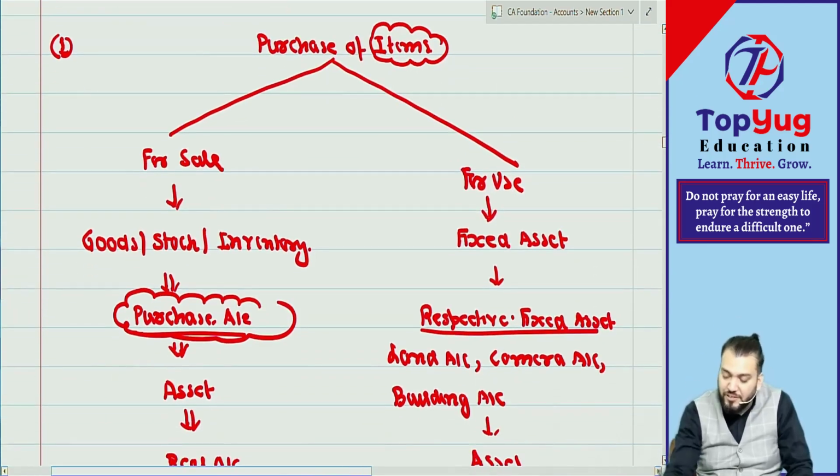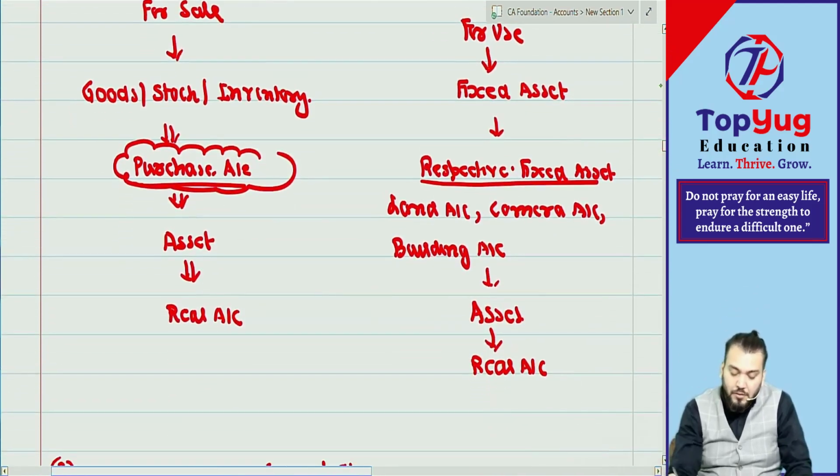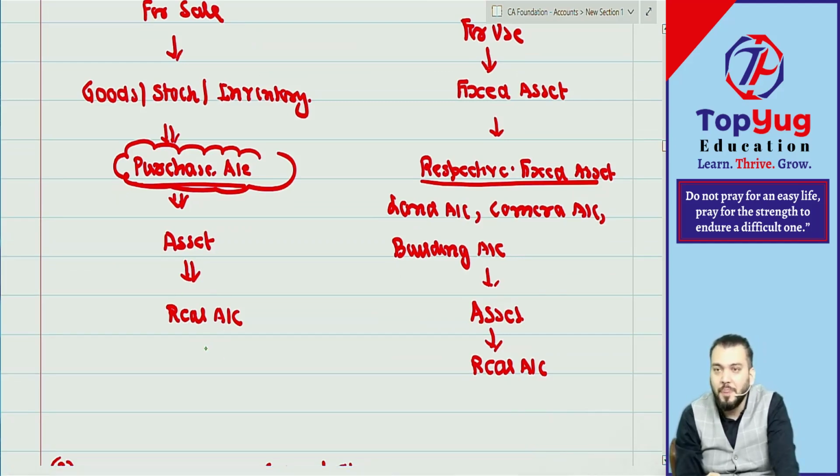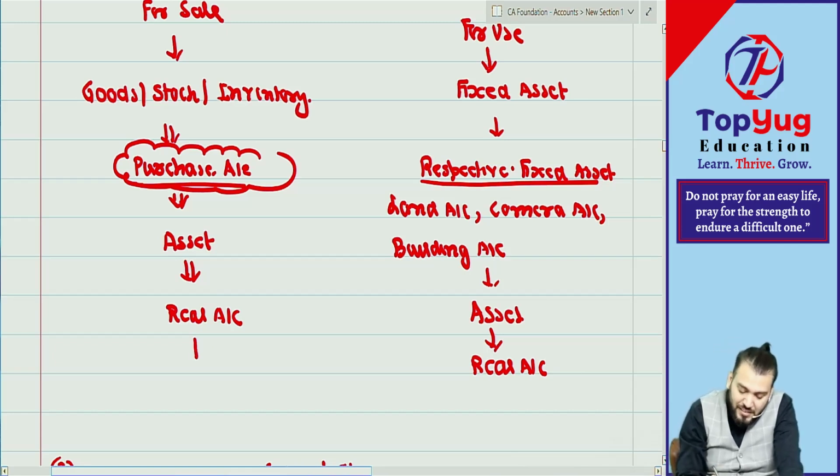When I am saying purchase of item, purchase account is a real account. For a real account, what is the rule? Debit what comes in, credit what goes out. Here goods are coming in or going out? So it will be debited or credited? So can I say this purchase account will be debited?